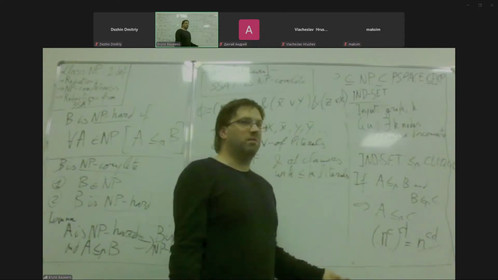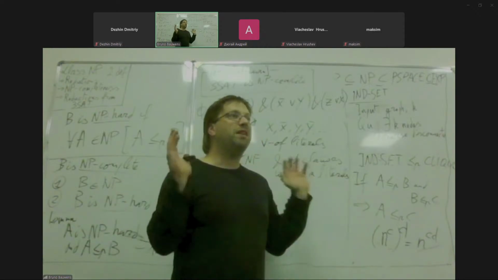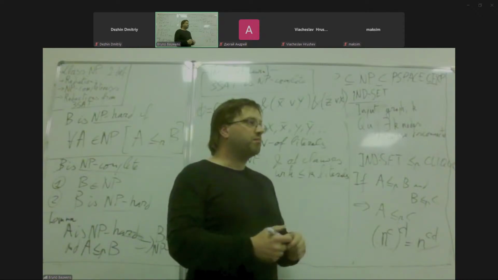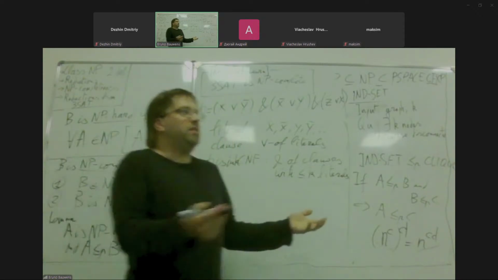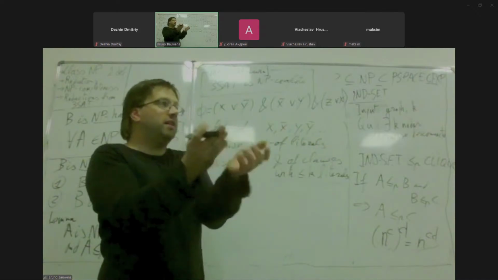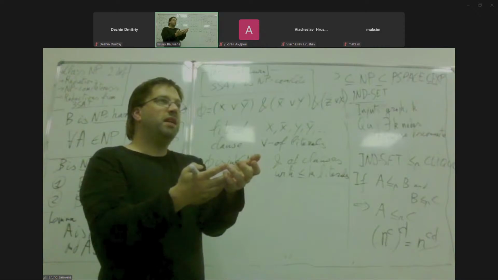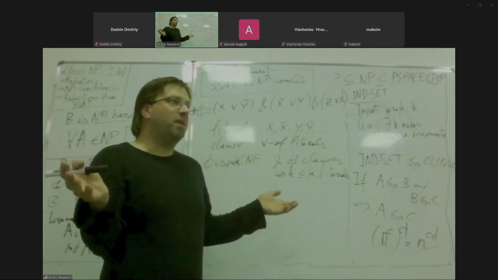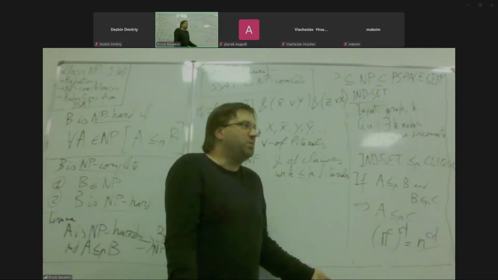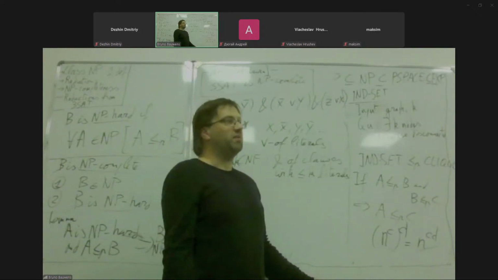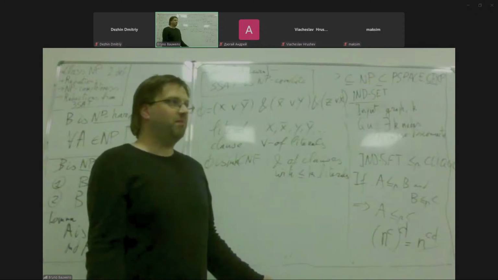So if P equals NP, we already know an algorithm that works in theory. But the idea is that the k-th machine receives a 2 to the minus k fraction of the runtime. So if this machine is really complex, this algorithm has a huge constant coefficient. And so it's kind of a nonsense algorithm.